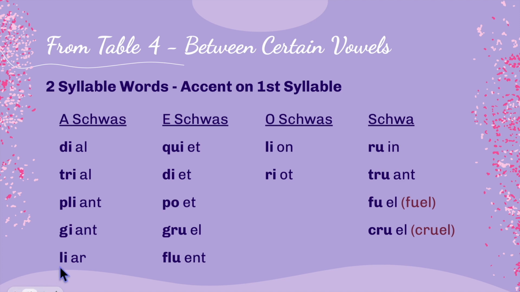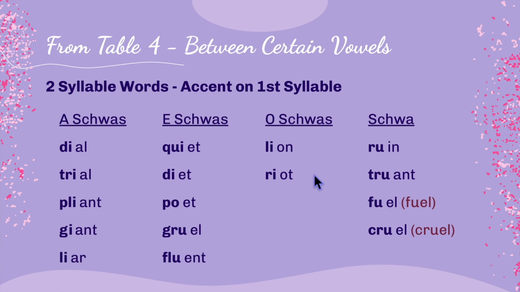Giant, liar. In all of these words, the first syllable is accented, so we try the vowel's long sound first, and the second syllable is not accented, so our E will schwa. Quiet, diet, poet, gruel, fluent.